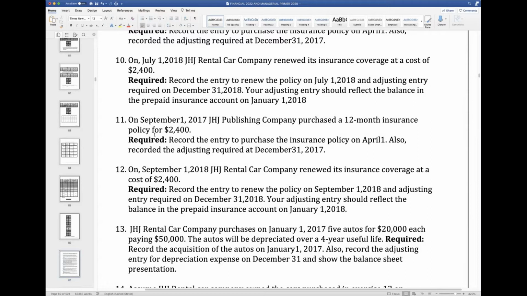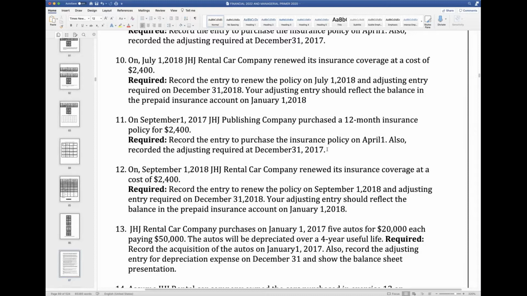Well, you bought it on April 1st, so you've got to make the journal entry when you bought it. Yeah, for $2,400. Then what did you do on December 31st? The balance was $600. Or is that wrong?